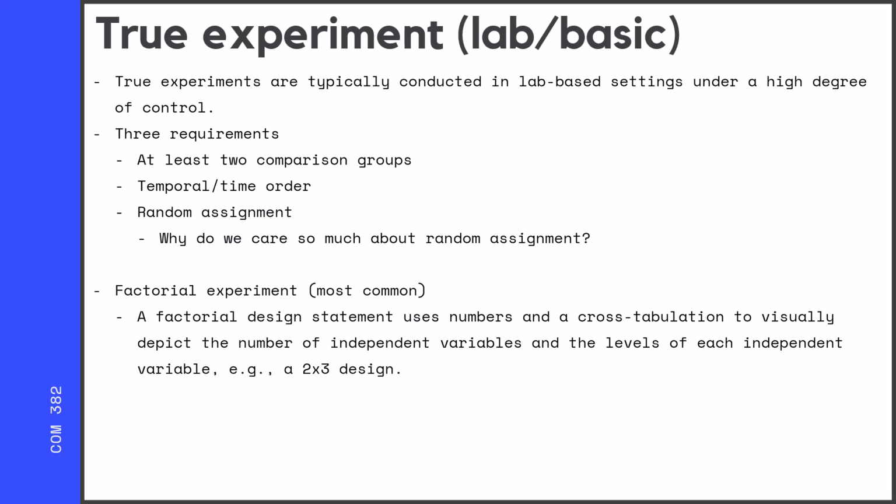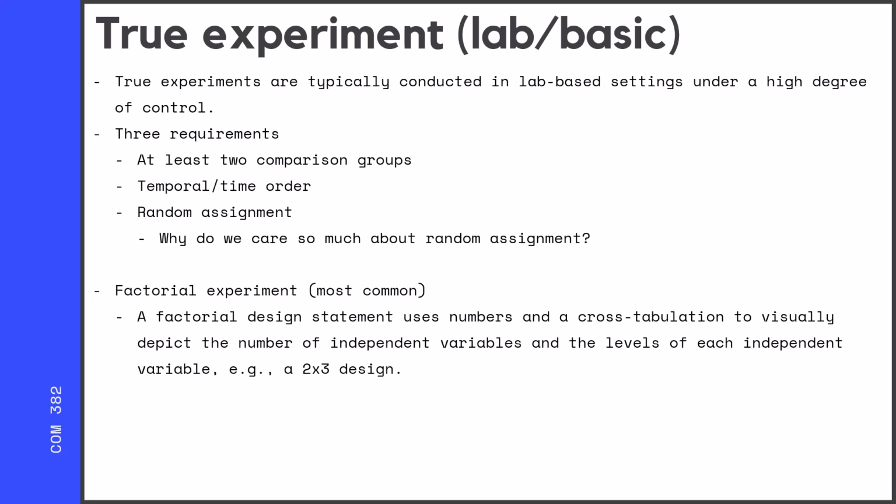The experimental group gets the training, the control group gets the PowerPoint training. After the training program, both groups take an implicit bias test again. And then we compare: was there a reduction in biases? So as long as we met these requirements, two comparison groups, time order, random assignment, we're good to go on a true experiment.